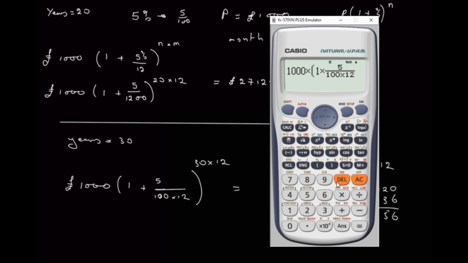Come out of the fraction, close your bracket. There's your bracket there. All raised to 30 times 12. And that is wrong. Let's do it again. 1000 times bracket 1 plus. Use fraction 5 over, that's 1200.